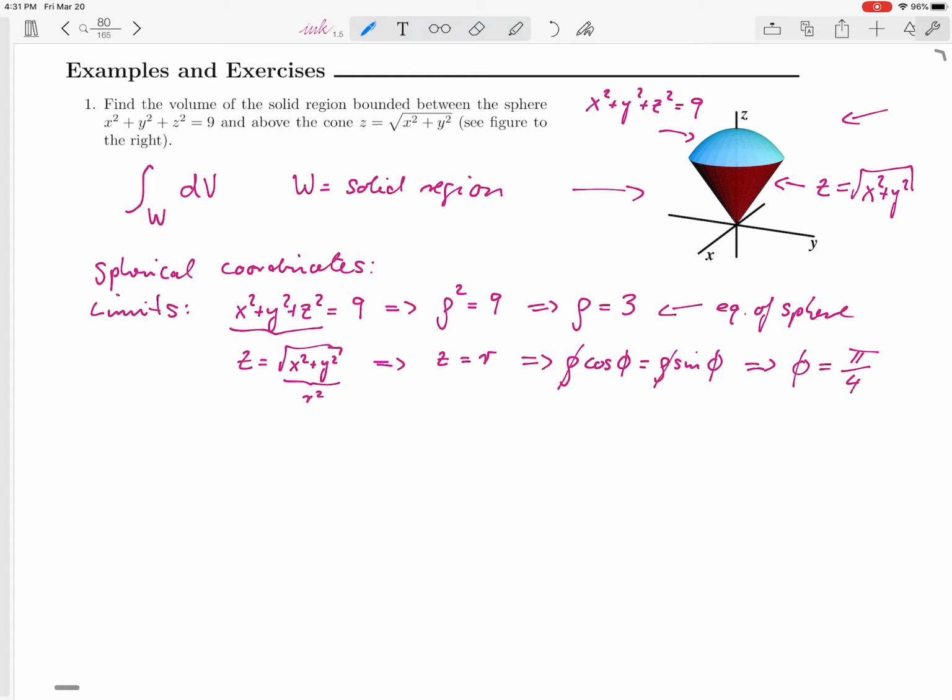And so that is the equation of a cone. So we can describe our region W now in terms of rho, theta, and phi. Oh, phi. I said it right, I just wrote it wrong.